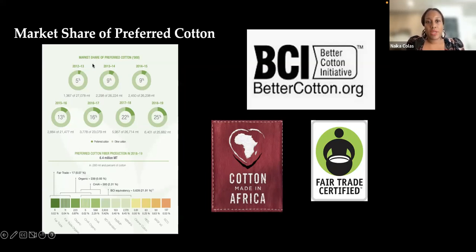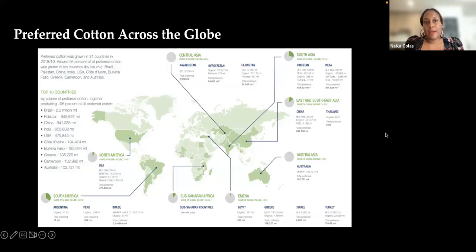And here you see the market share of preferred cotton, and the million tons of cotton being used. It's increased from 5% of preferred natural fibers, eco-friendly or organic cotton, to 25% as of 2019. Preferred cotton across the globe: these are countries that are using preferred cotton. Of course, in this space will be a lot higher.